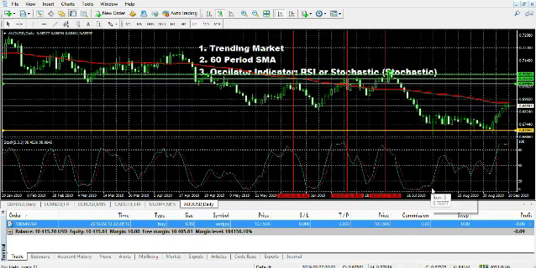But because I'm on a large time frame, I don't want to do that. Instead of that, I will put my stop loss above the last peak. This is this last peak here. That's where I will put my stop loss, above here. So my stop loss will be somewhere around here.